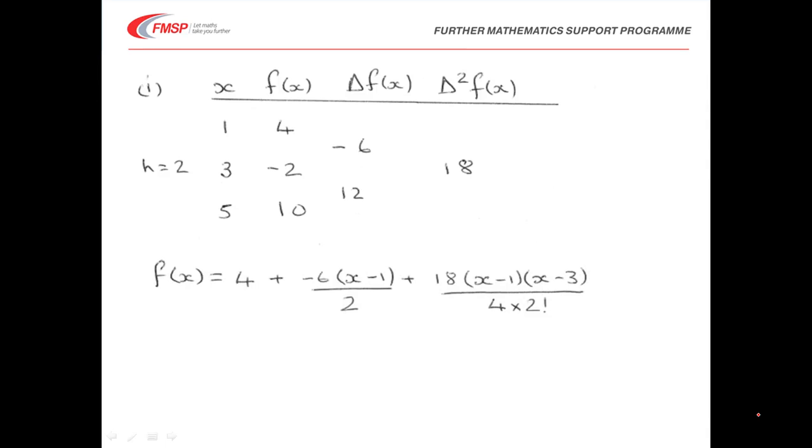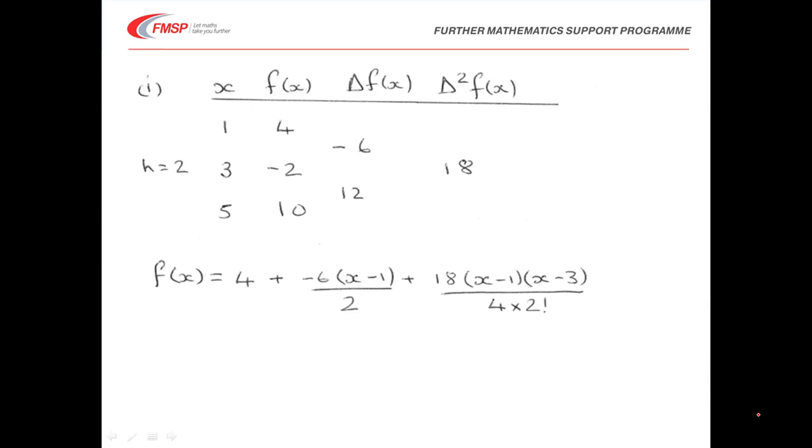So there's our interpolating polynomial. First y value is 4. The x minus x naught is x minus 1. The negative 6 is the first difference, and then we've got to divide that by h. So negative 6 divided by 2.